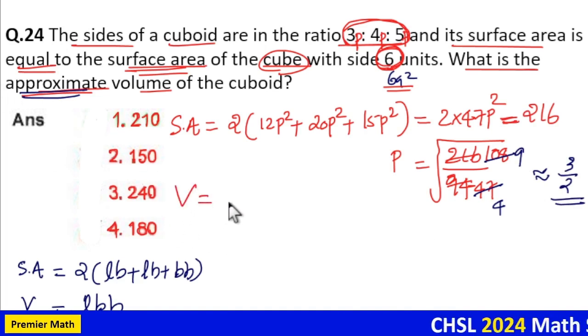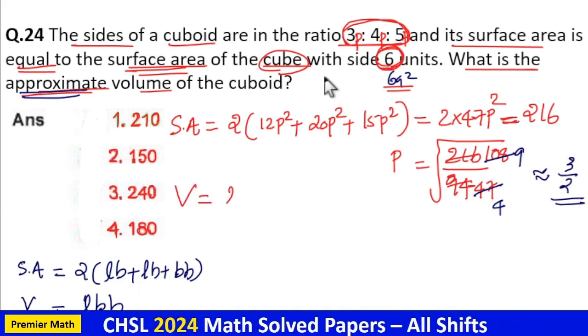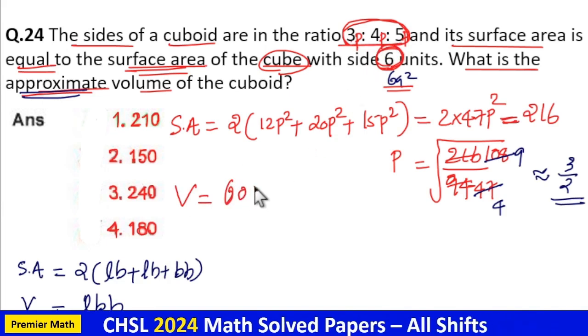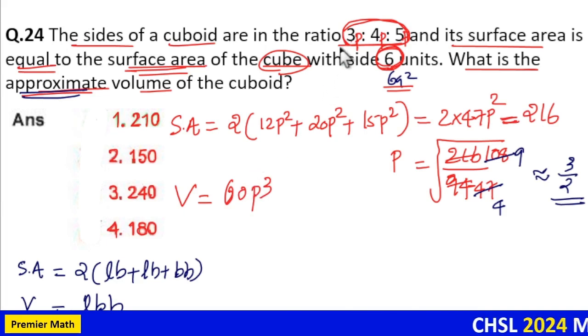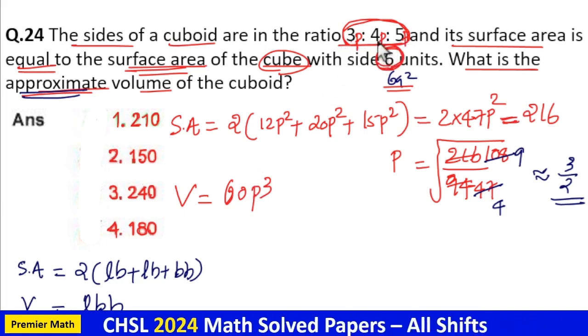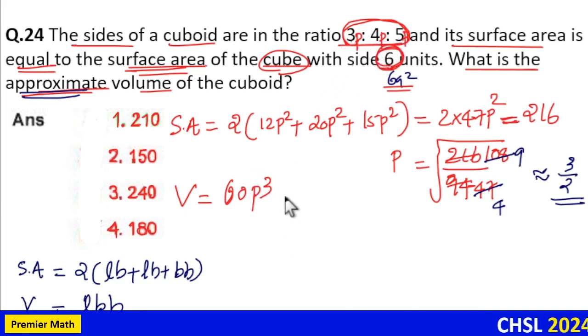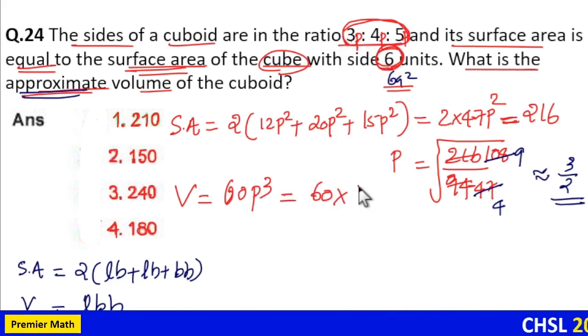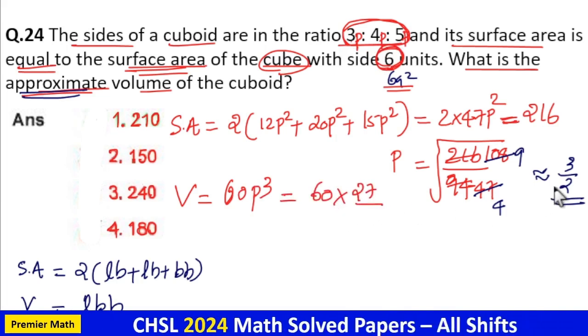Volume is equal to LBH. LBH is equal to 3 into 4 into 5, which is 60 P cube. 3 part into 4 part into 5 part is 3 into 4 into 5 into P cube. So 60 P cube is equal to 60 into 3 cube, 27, by 2 cube, 8.